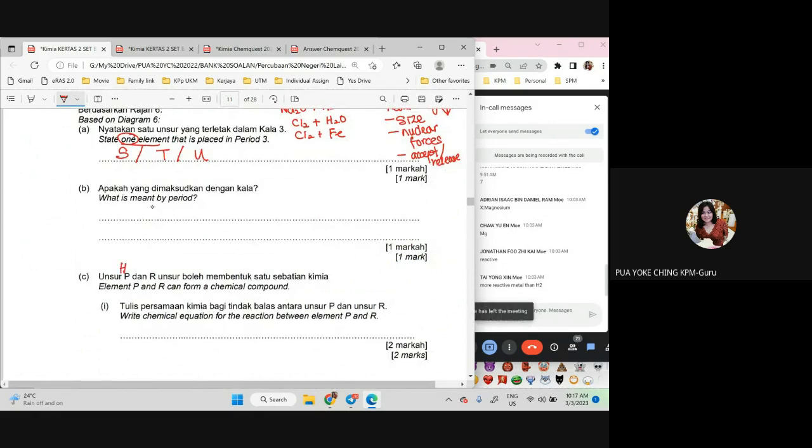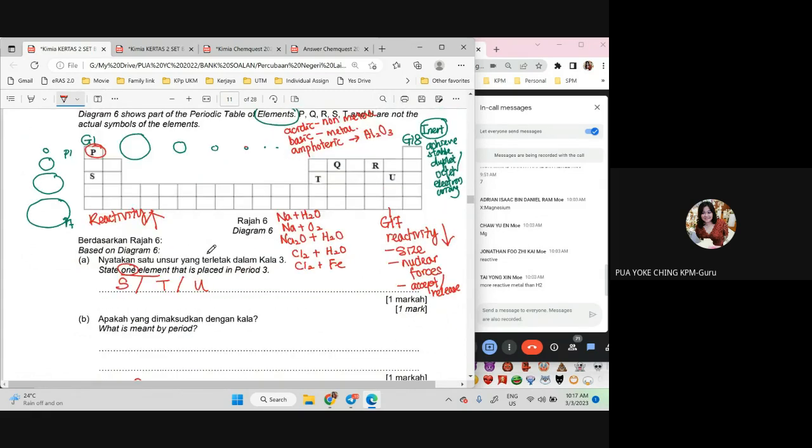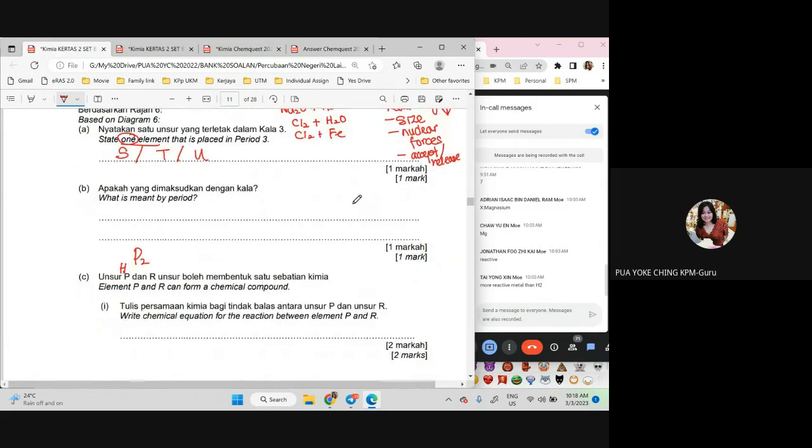So P must be P2 because this is hydrogen. And then I have R. R is group 16 here. So your R is actually your oxygen. So R should be R2.